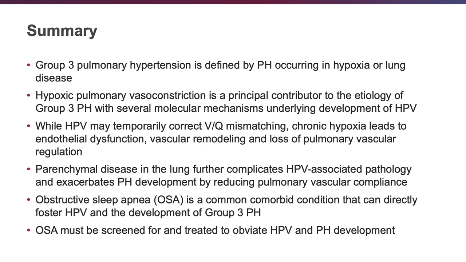Obstructive sleep apnea, in addition to interstitial lung disease, can also cause pulmonary hypertension, and really needs to be on our radar for treating patients and looking for sleep disordered breathing or sleep apnea in our patients with chronic lung disease.